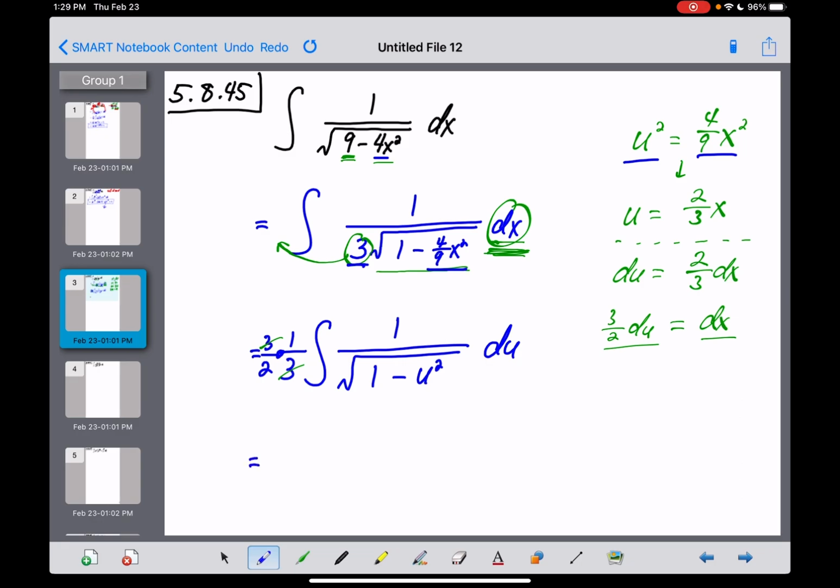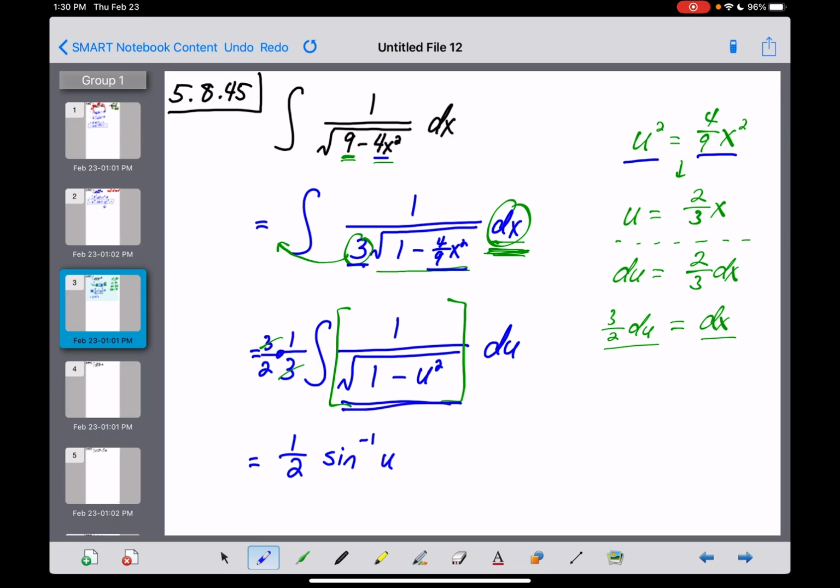So that leaves me with a 1/2 out in front, but now take a look at how nice your integrand is, everybody. That right there, 1 over the square root of 1 minus u squared, is a derivative of inverse sine of u, which makes inverse sine of u an antiderivative of our integrand.